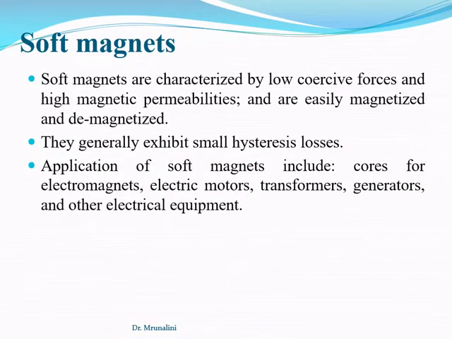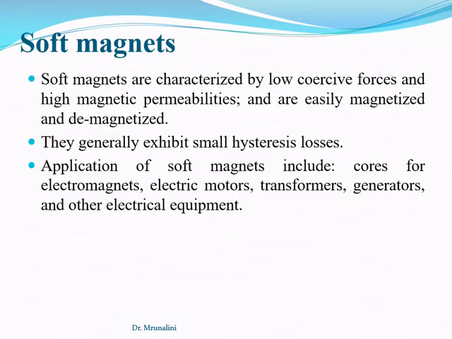Soft magnetic materials are easily magnetized and demagnetized. These materials are used for making temporary magnets. The domain wall movement is easy, hence they are easy to magnetize. By annealing the cold worked material, the dislocation density is reduced and domain wall movement is made easier.